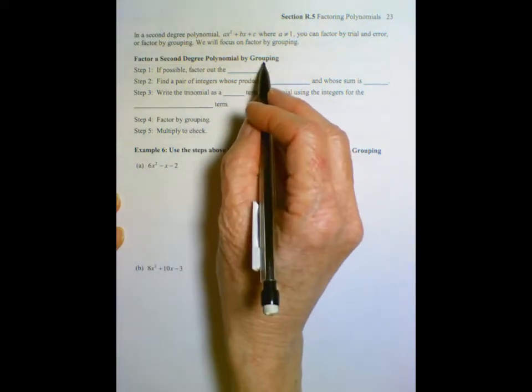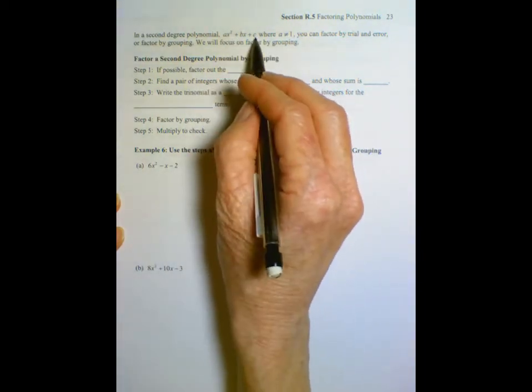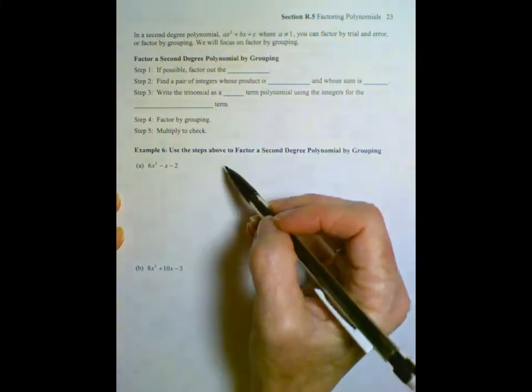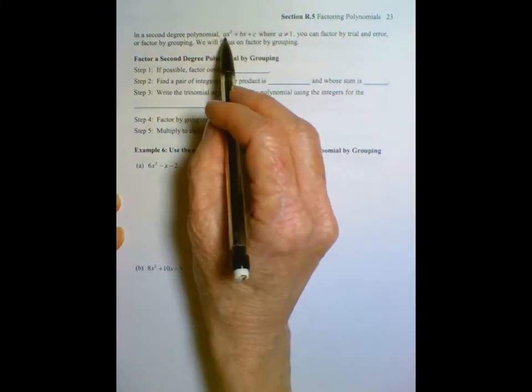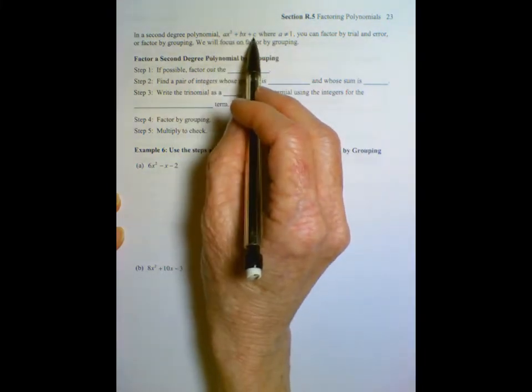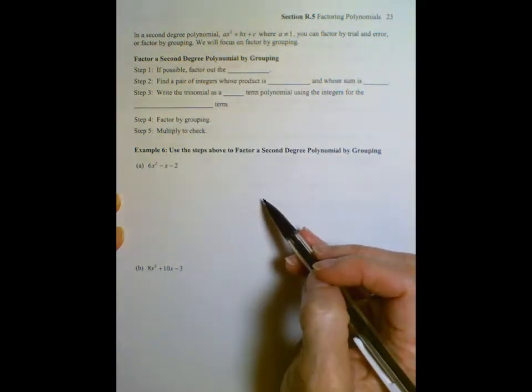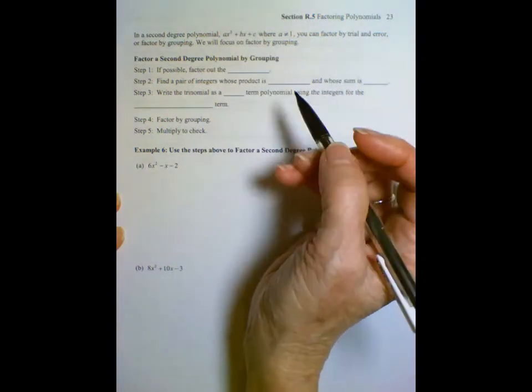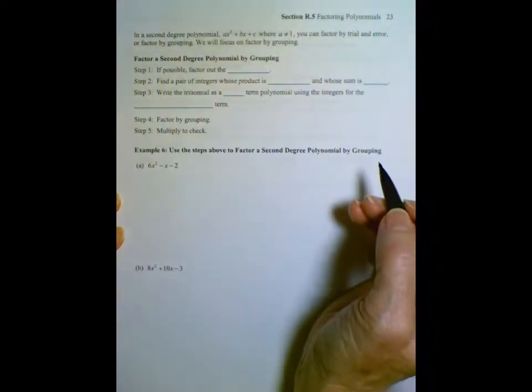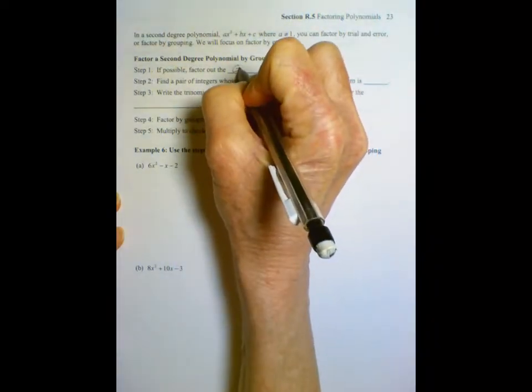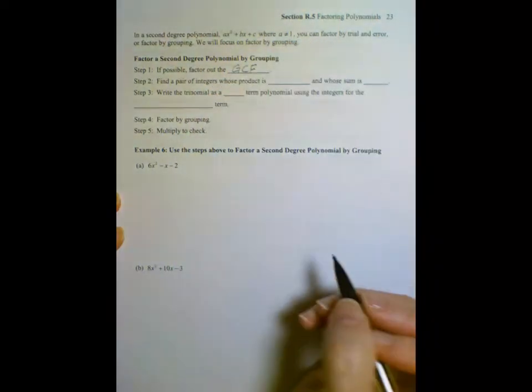And remember, grouping requires 4 terms, but that only has 3. So the steps involved here are going to help us write this as a 4-term polynomial so we can use grouping, because we can't just use grouping with 3 terms, right? As always, the first thing you do, factor out the GCF. That'll make your life easier if there is one.